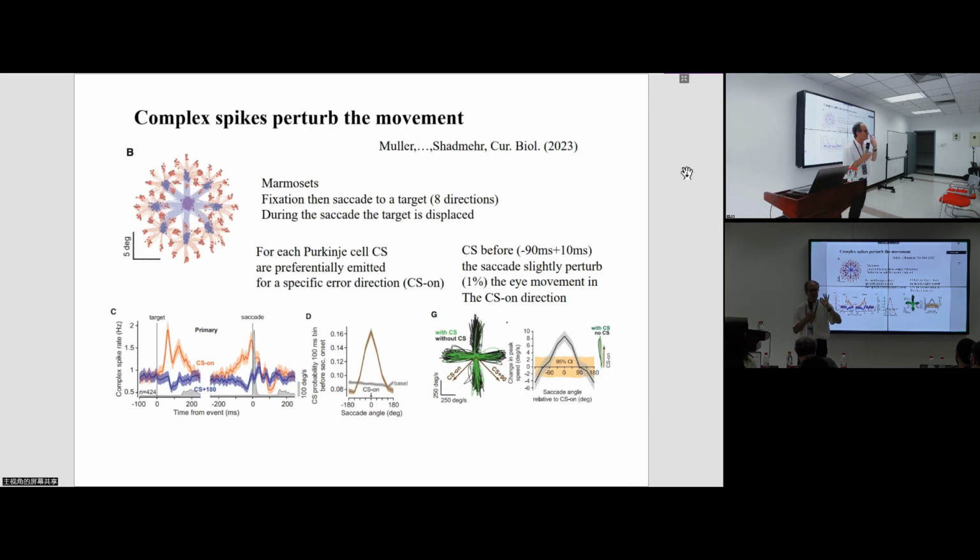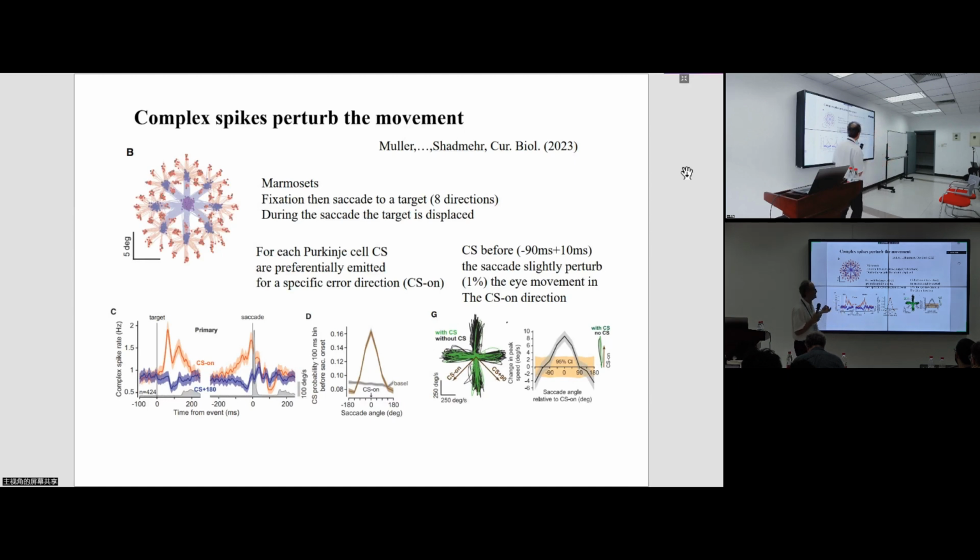So after the saccade, there is an error because the eye is not on the target. By displacing the target in many directions, you can see which are the directions that induce firing of the complex spikes.